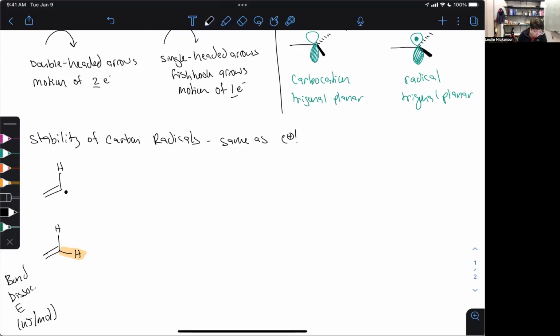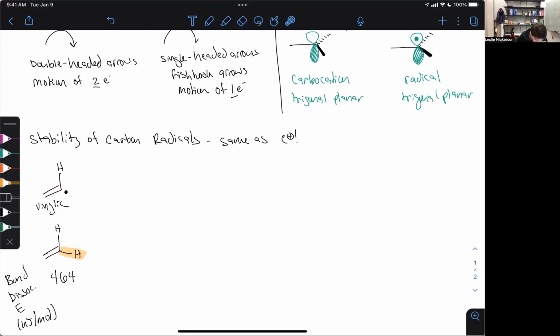So in this particular case, when I have my vinylic radical, that's going to have a bond dissociation energy of 464. Okay, it is quite high. And we'll see as we go what the range looks like. And this is pretty much as we expected, like a vinylic carbocation, we hate those too, right? Those are really bad carbocations.